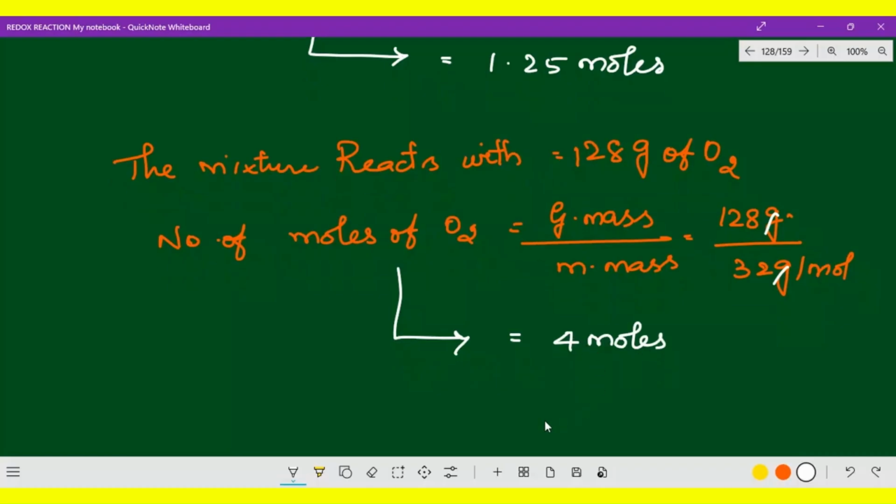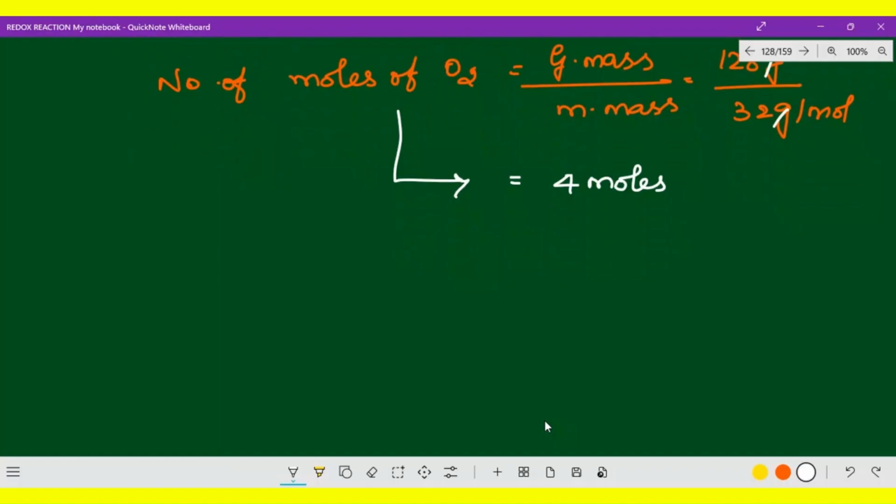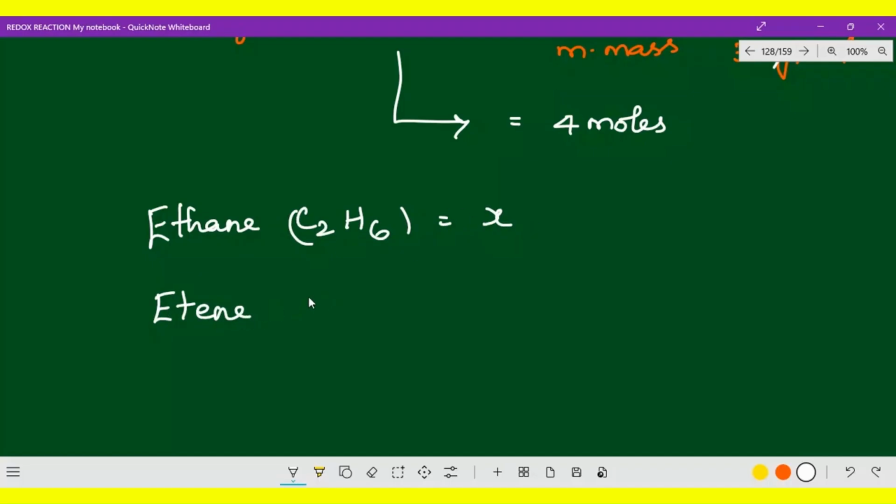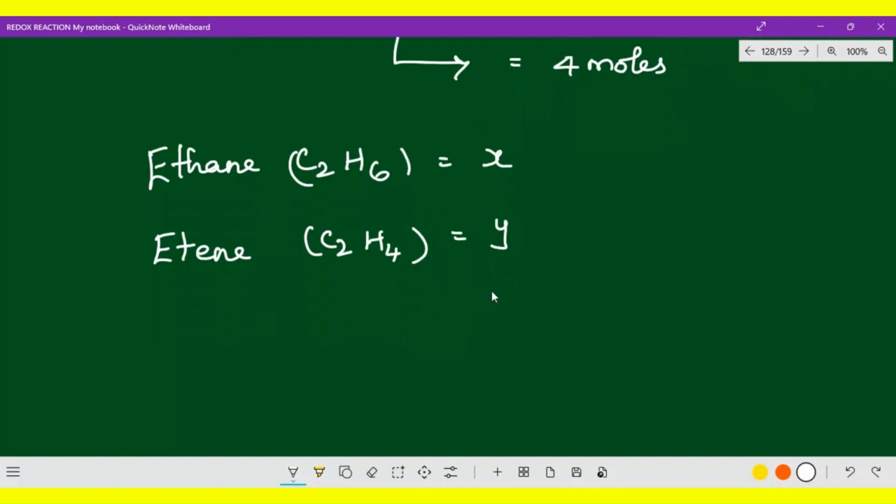Right, now let us identify how much ethane and ethene have been taken according to the mole fraction. So let us assume X and Y. Ethane, C2H6, we can take as X, and ethene, C2H4, as Y. It reacts with oxygen, combustion, right? C2H6 means ethane.